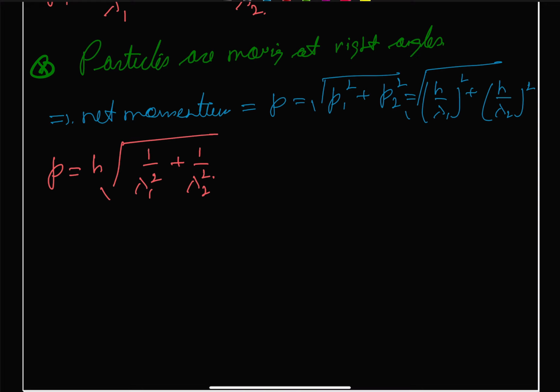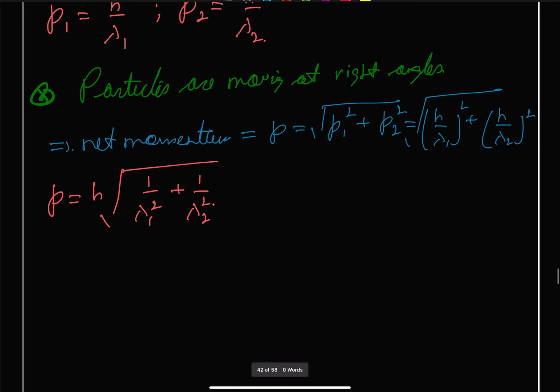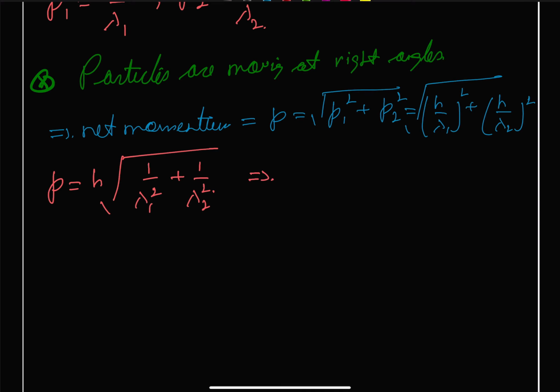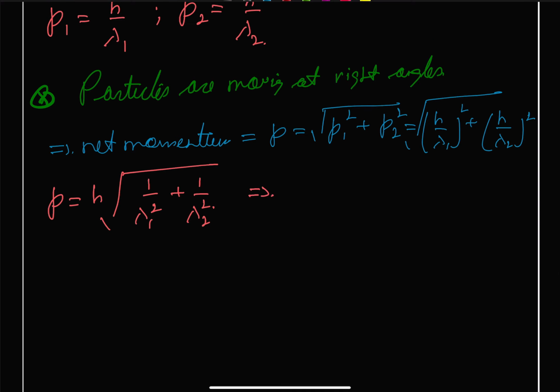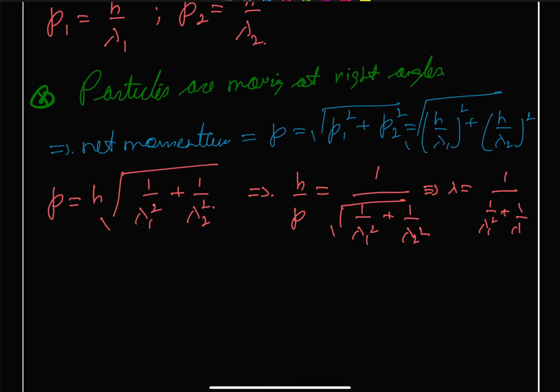And our wavelength is given as h upon p, which is equal to 1 upon square root of 1 upon lambda 1 square plus 1 upon lambda 2 square.